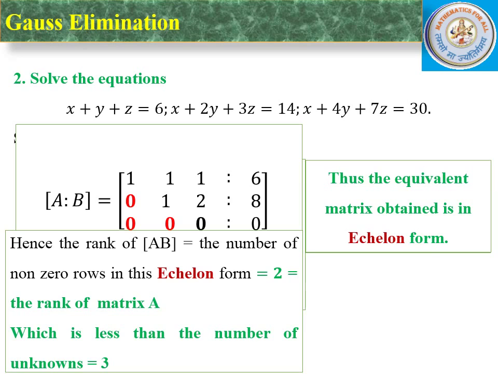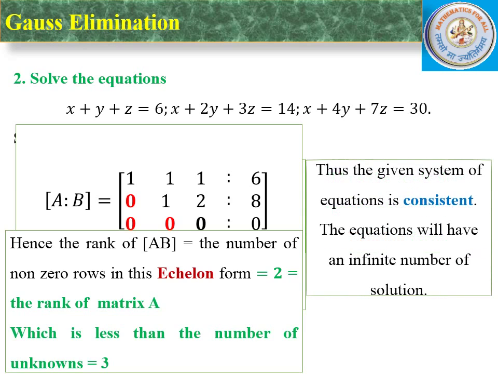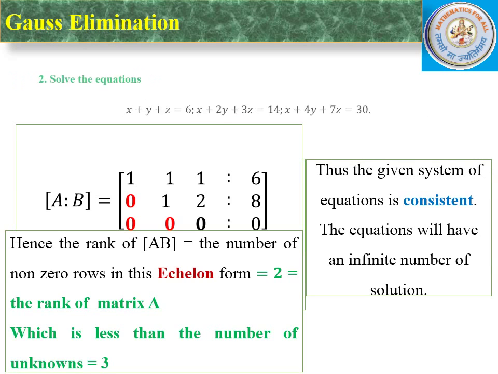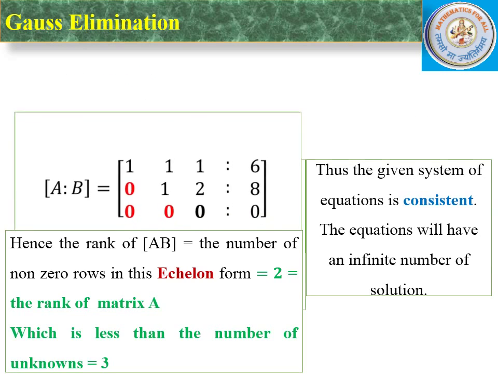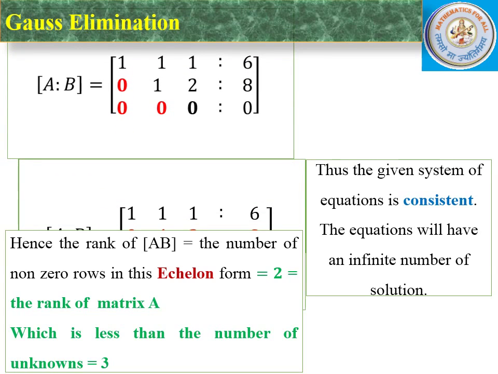So in this case, the given system of equations is consistent, but the system will have an infinite number of solutions. To get these infinite solutions, first we rewrite the system of equations according to this echelon form.